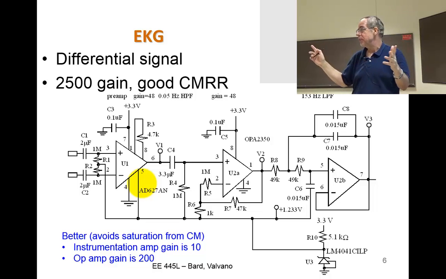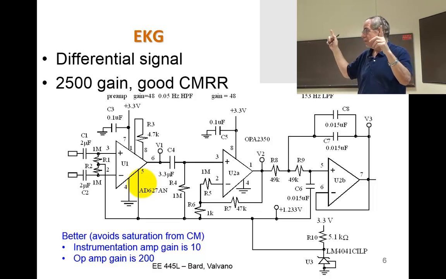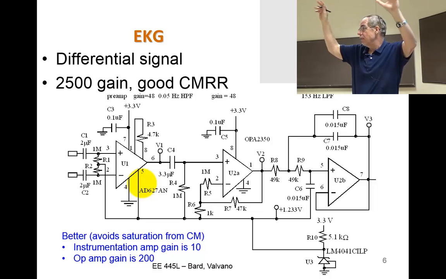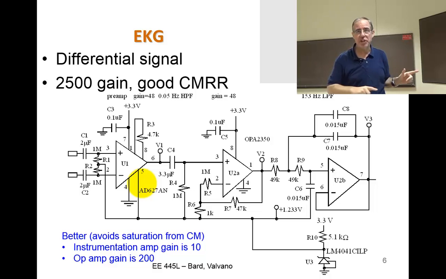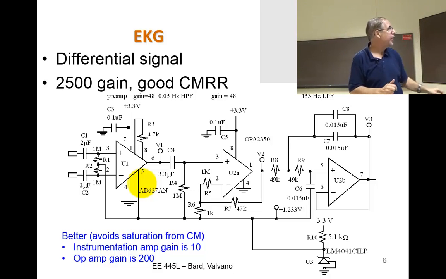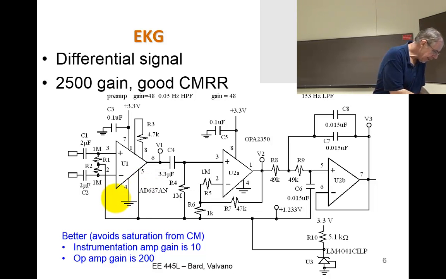It's going to show up as a 60 hertz, 20 kilohertz, whatever. An electromagnetic field pickup will generate common mode. Okay? And so here's my gain. It's probably best to make this about 10 and make this about 200.